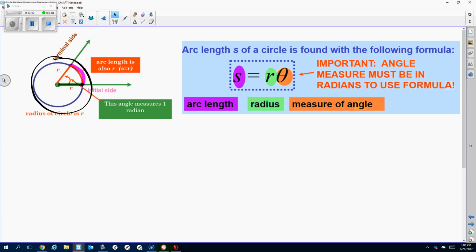So we have 360. If I'm going all the way around a circle, that's the degrees. What's the length of that? What is your distance going all the way around a circle?